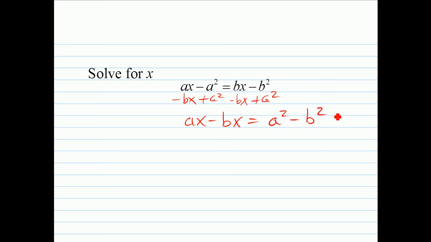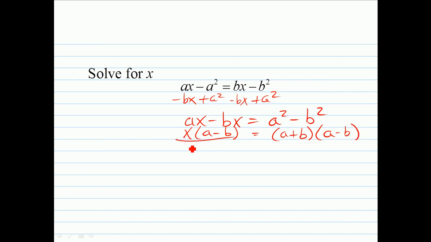Now, since we did polynomial equations, you see things that can be factored. Here I'll factor out an x. If I factor out an x from here, inside I'm left with a minus b. Over here I'm left with a plus b times a minus b.